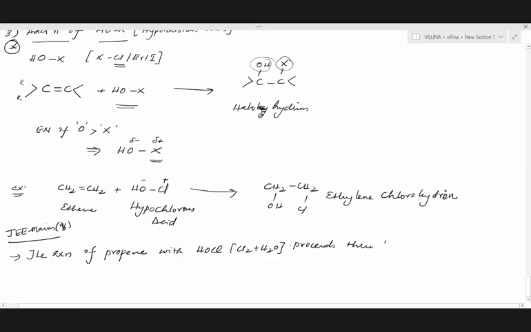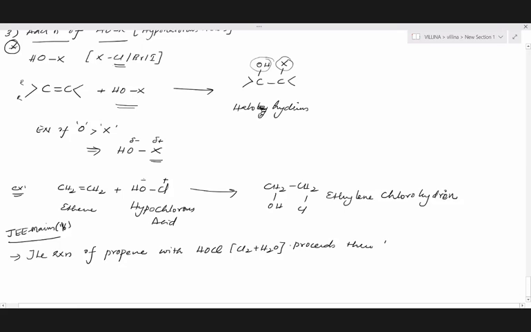So let's take a simple example. Ethene, CH2 double bond CH2, or ethylene, on treating with hypochlorous acid. This will have negative charge and this will have positive charge. You have CH2, CH2, OH and Cl. So this is ethylene chlorohydrin. Whatever halogen we are using, you can just replace the halo part with that name.